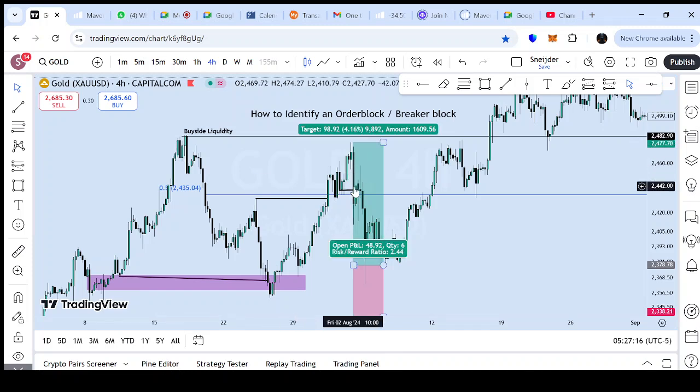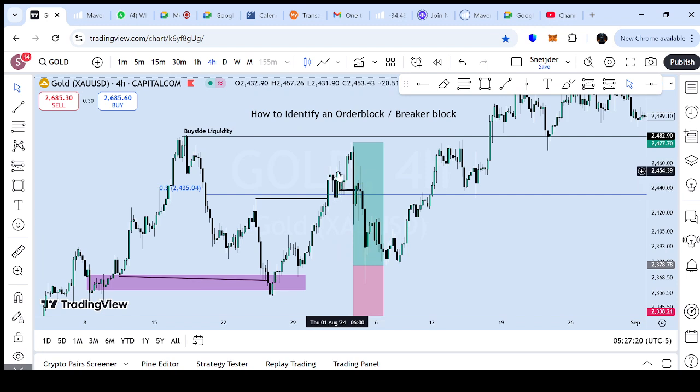If price breaks below that last bearish close candle and closes below it, that's a displacement, a break of structure.